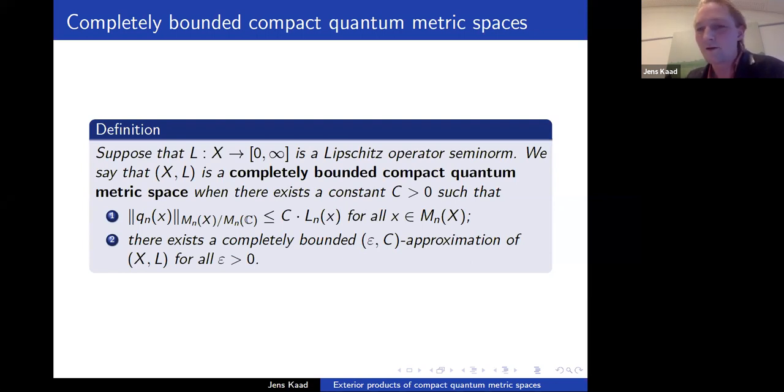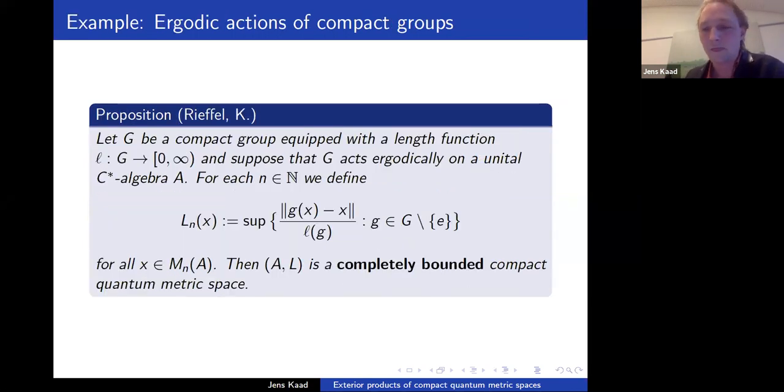Okay, you can ask now, Jens, do you have examples of completely bounded compact quantum metric spaces, or are you now developing an empty theory? And there's a very good class of examples here, which I think are the motivating examples for Rieffel when he started looking at compact quantum metric spaces.